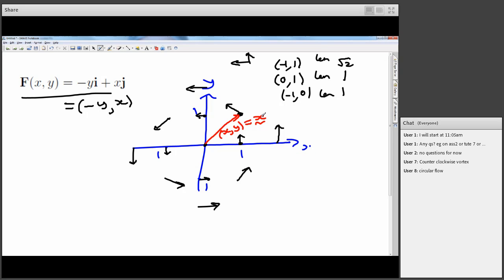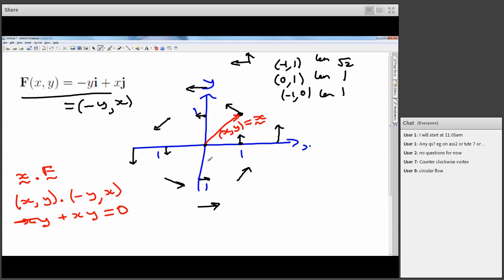That's my shorthand notation. So if I did X dotted with the force, so if I got the force dotted with this position vector, that's a shorthand way of saying x, y, dot product with minus y, x. So I take the dot product of those things, I get minus xy plus xy, and you see that's equal to 0.